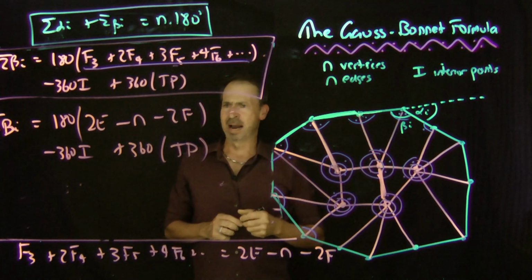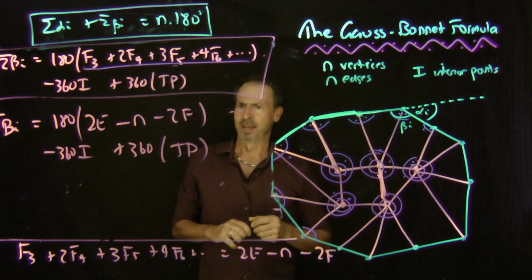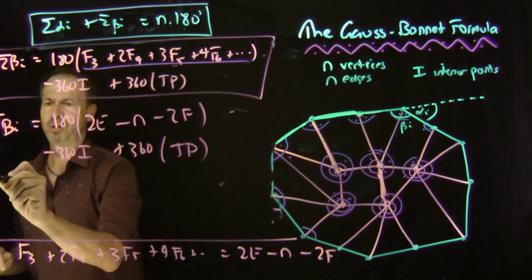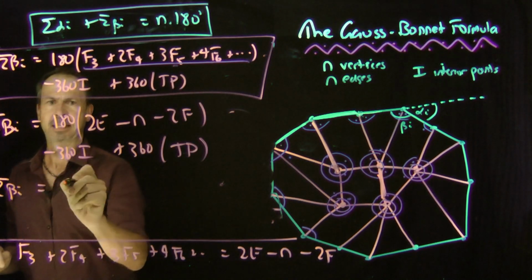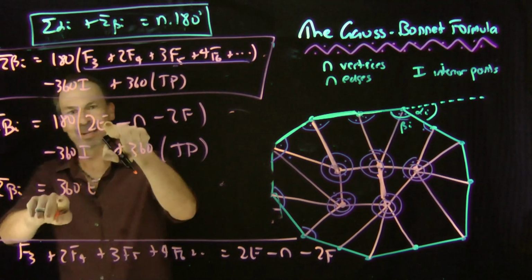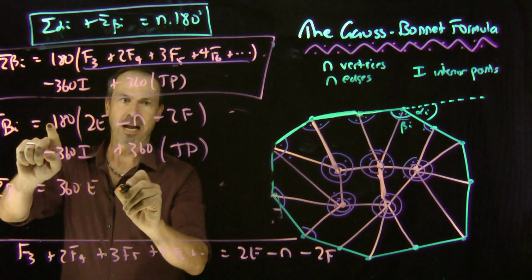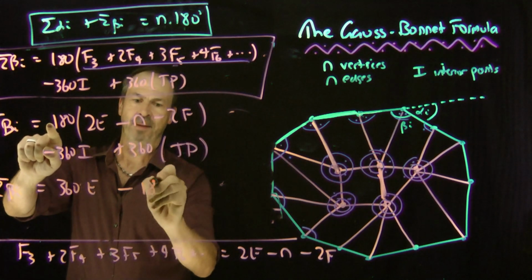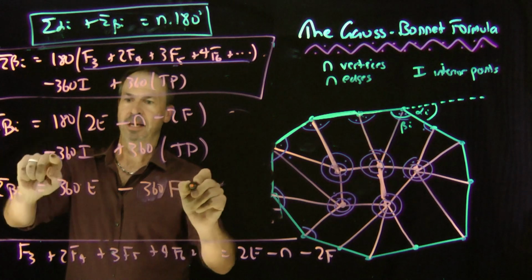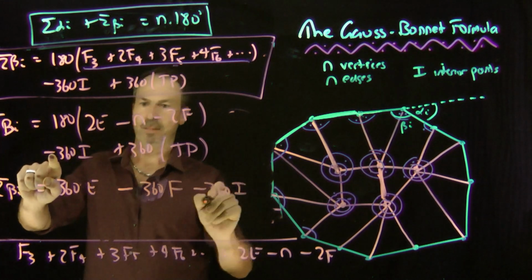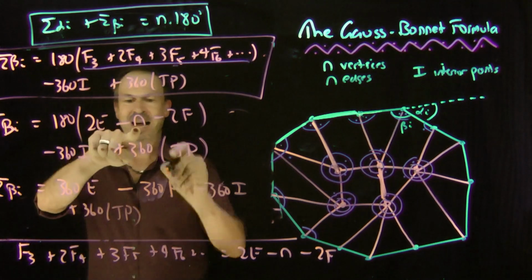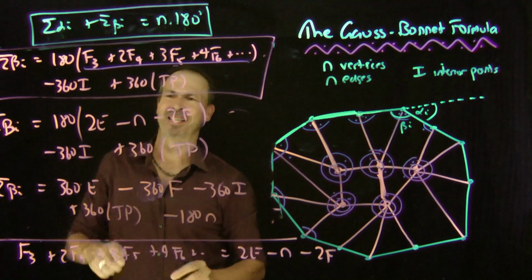All right. Do I like this? I don't know. Actually, I'm seeing lots of 360s. Let me just write this out one more time. The sum of interior angles is 360 times the number of edges, minus 360 times the number of faces, minus 360 times the number of interior points, plus 360 times the total pointiness, minus 180n.